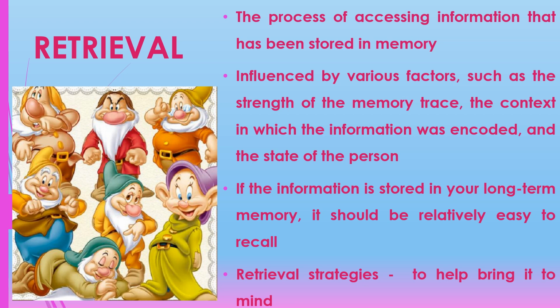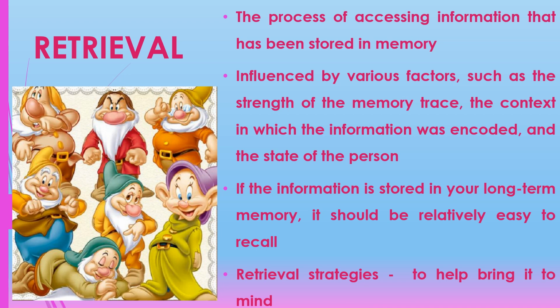It is the process of accessing information that has been stored in memory. The retrieval can be influenced by various factors such as the strength of the memory trace, the context in which the information was encoded, and the state of the person, like the level of arousal, mood of the person, etc.